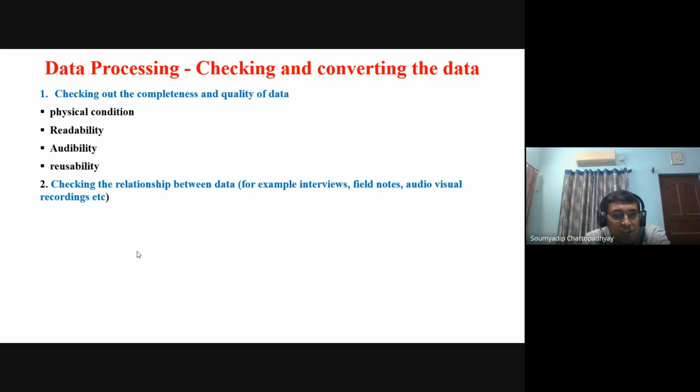Second, you have to check the relationship between the data. In many cases we are dependent on data from interviews, from field notes, from audio-visual recordings. For example, take the example which I have just discussed, the water user association.